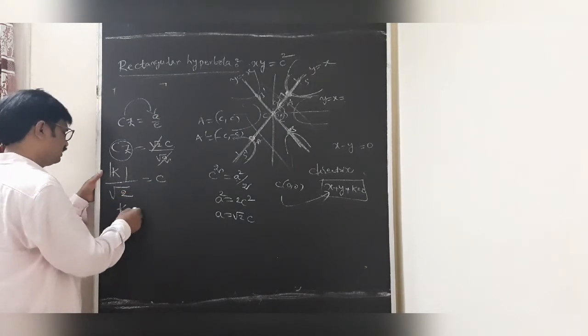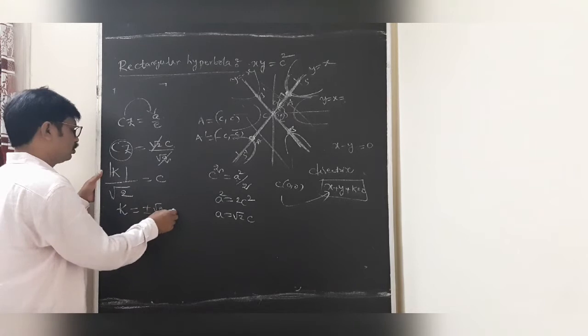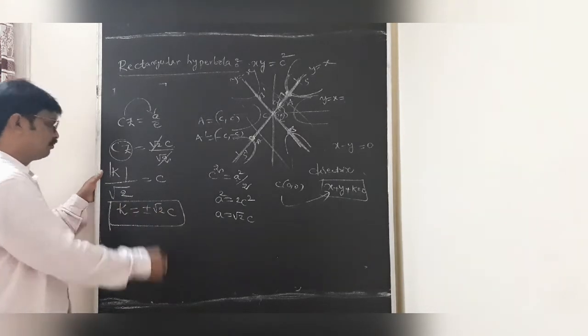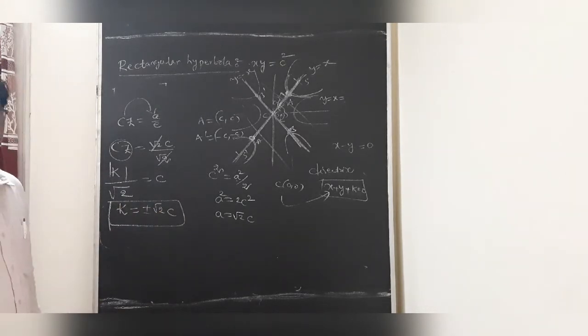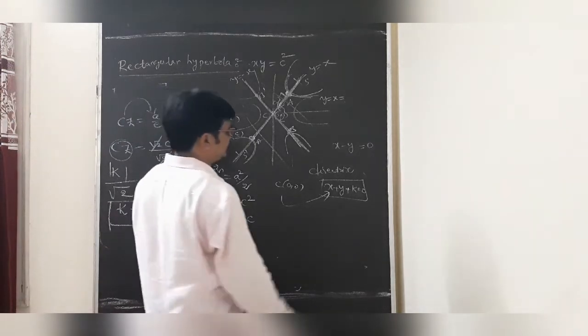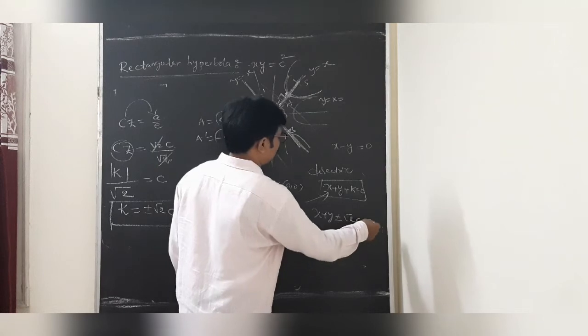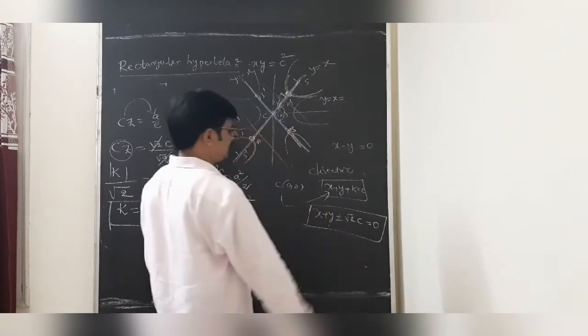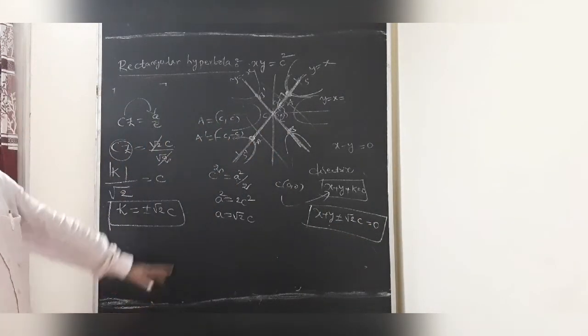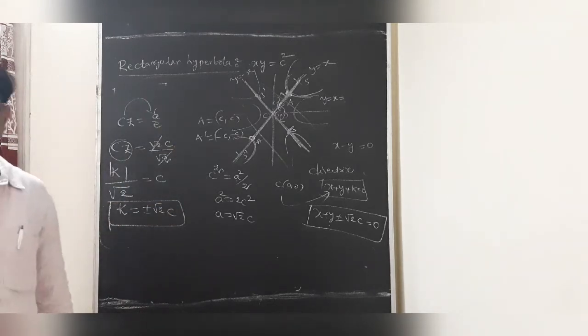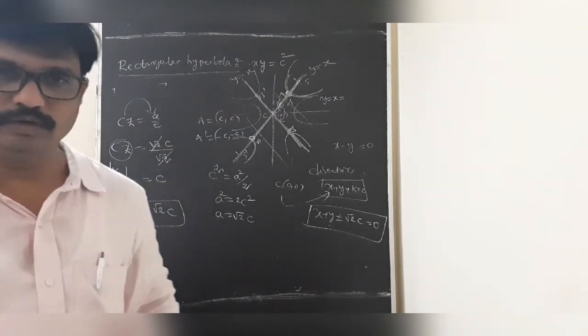My dear students, k will be plus or minus root 2 c. Now the equations of the directrices are x plus y plus or minus root 2 c equal to 0. These are the equations of the directrices of the rectangular hyperbola xy equal to c square. Okay, students?